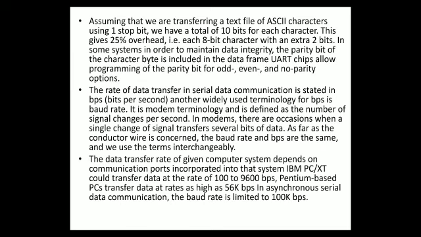Another widely used terminology for BPS is baud rate. So another important term is baud rate. Then what is the difference between BPS and baud rate? Let us understand this. Baud rate means the number of signal changes per second, and BPS stands for the number of bits per second. Let us understand this concept very clearly: each signal may have internally 8 bits.